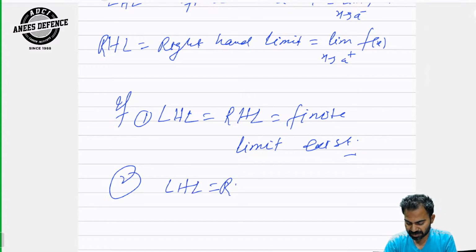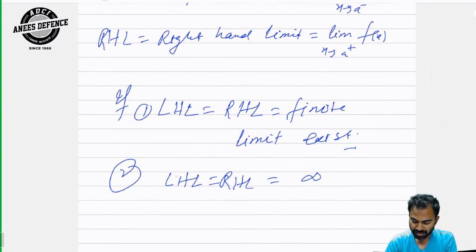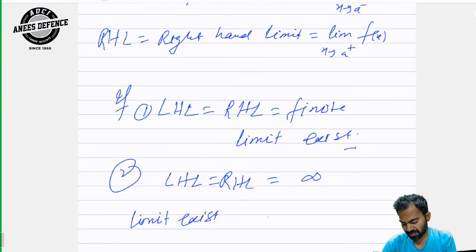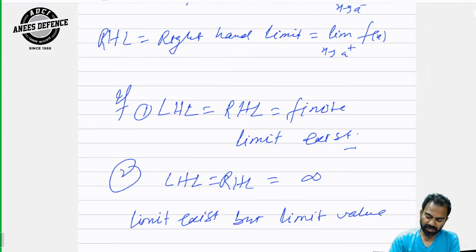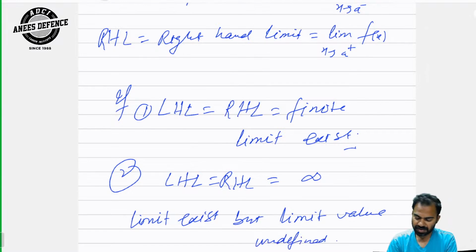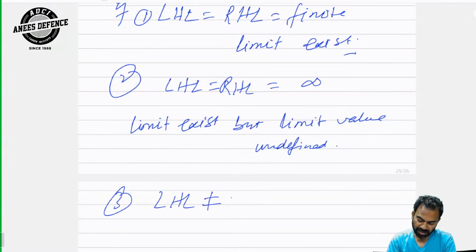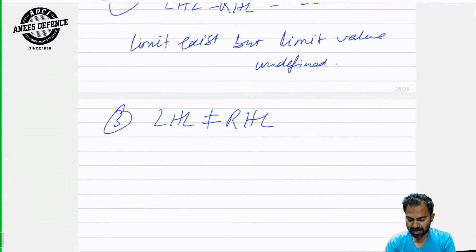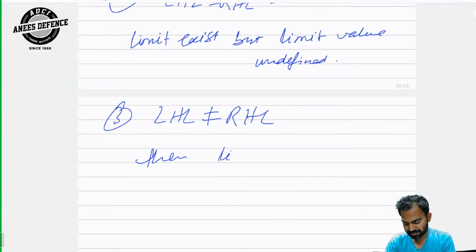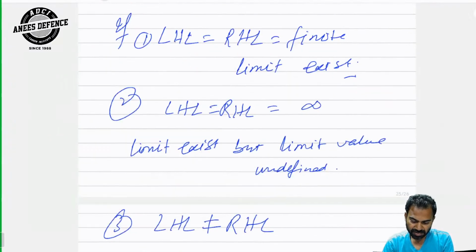If LHL equals RHL equals infinity, the limit exists, but the limit value is undefined. If LHL is not equal to RHL, then the limit does not exist. So write these things.